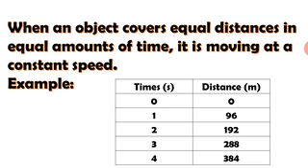So in 1 second, 96. In 2 seconds, 96 times 2, 192. So that's it, the average speed is 96 meters per second.